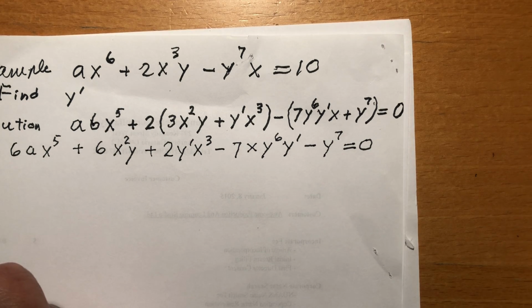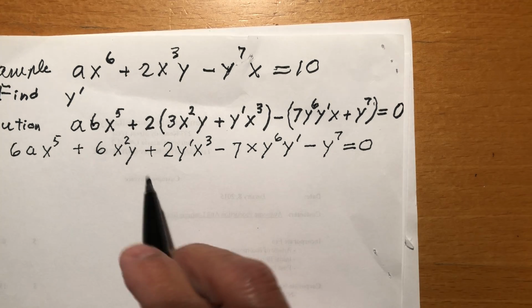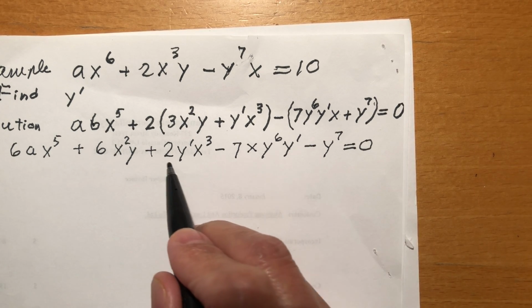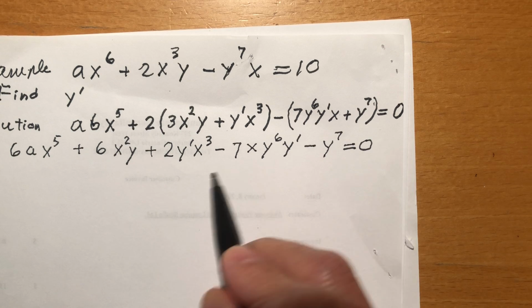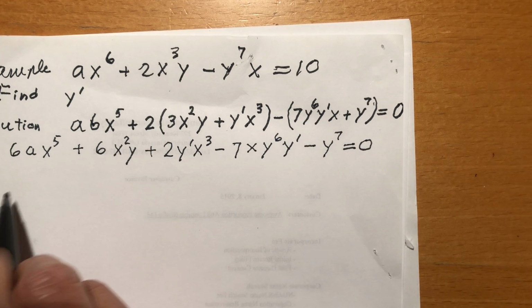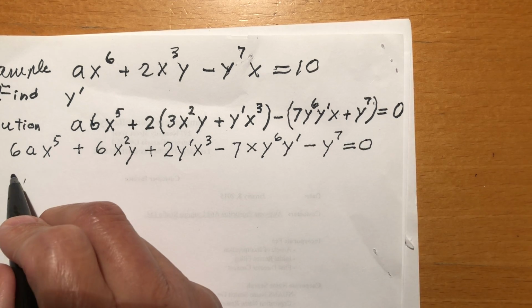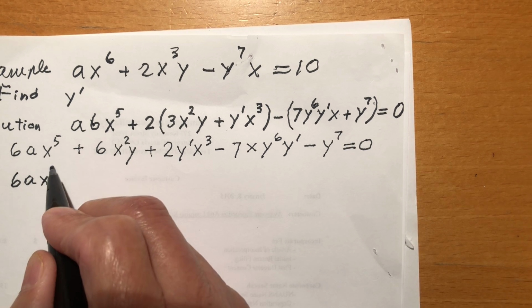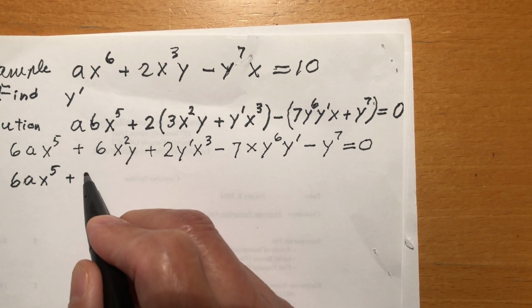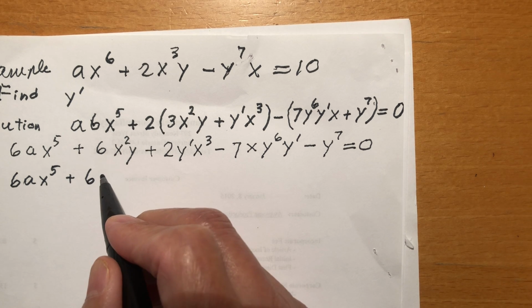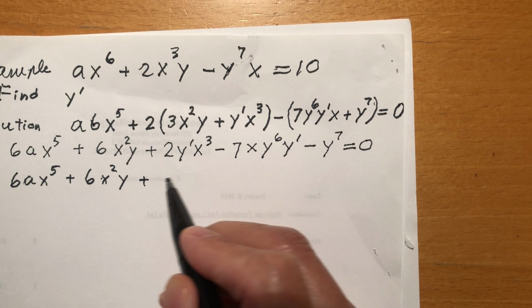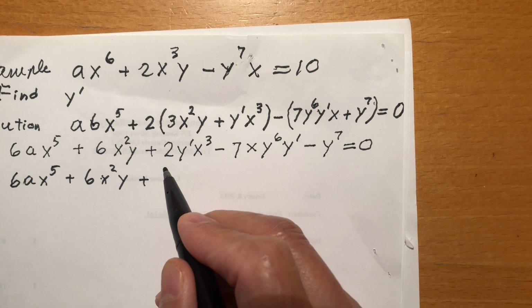Now, like what we have before, we need to collect, or we need to factor out y prime. So I have y prime here, so let me factor it out. Okay, so 6ax to the power 5, so factor out y prime.